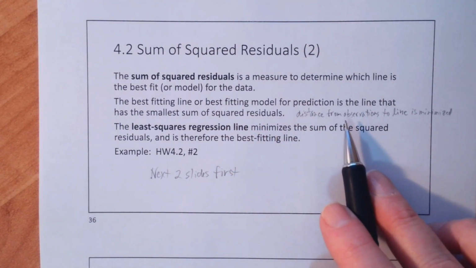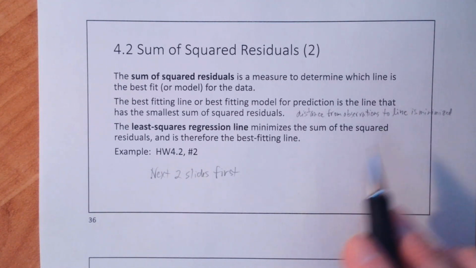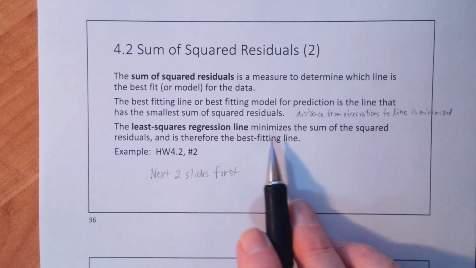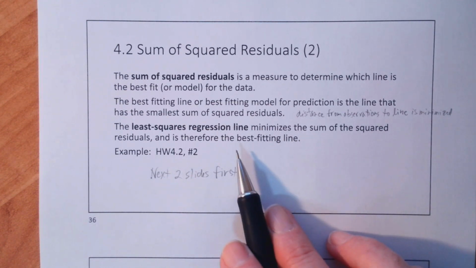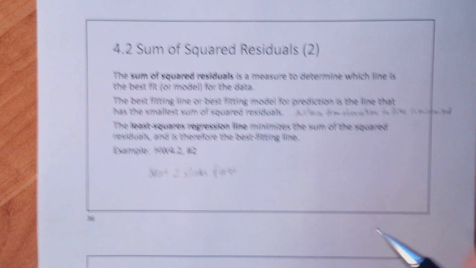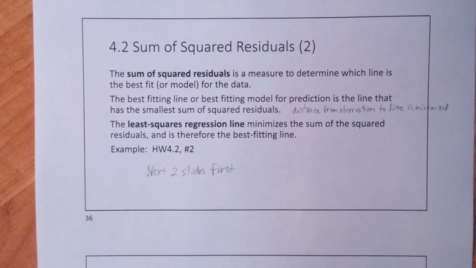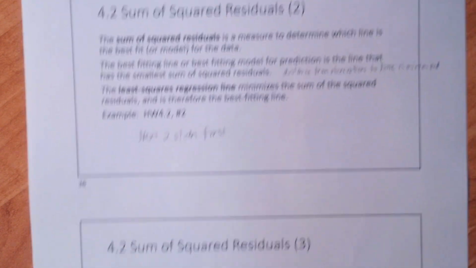In other words, the distance from the observations to the line is minimized. The least squares regression line minimizes the sum of the squared residuals and is therefore the best fitting line. So hopefully that makes some sense, but that's the basic idea.